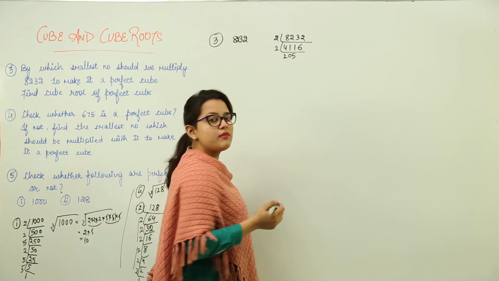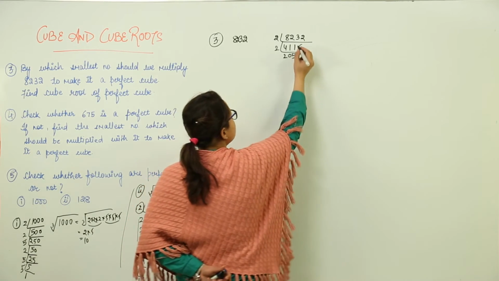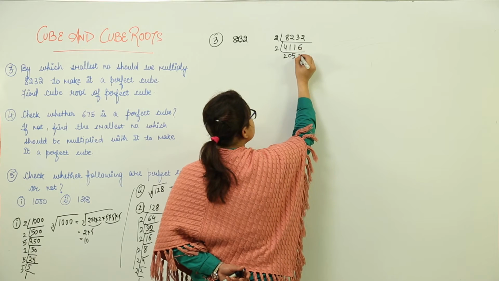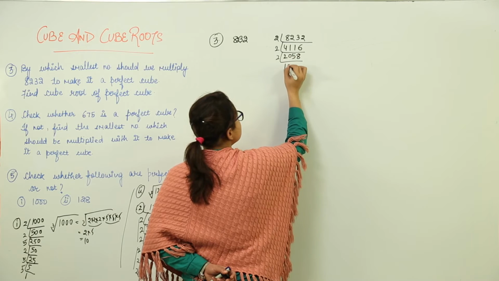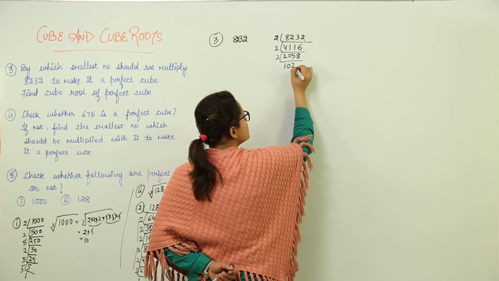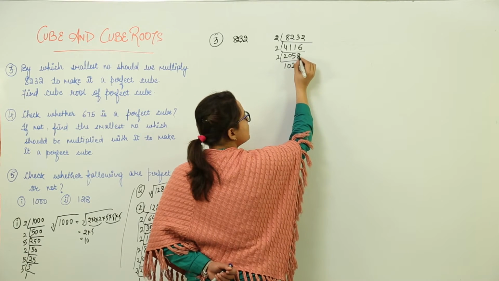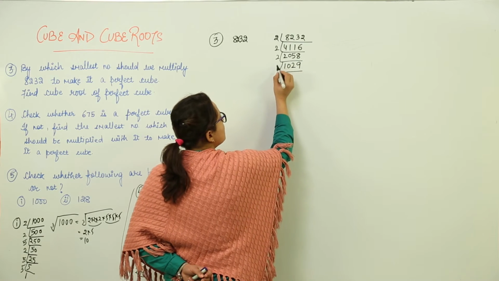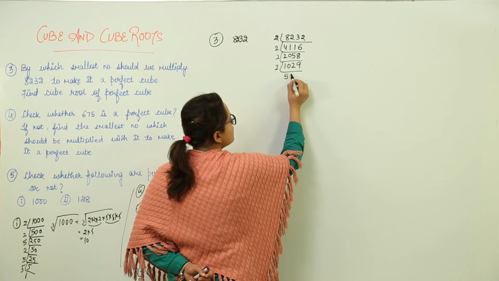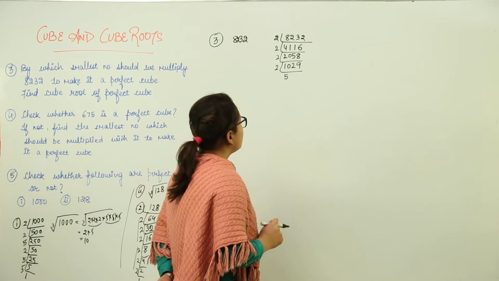What is the remainder? 11 minus 10, 1. You write 1 here, then 1 and 6 becomes 16. So we make 8. Again 2 1s are 2, 2 zeros are 0, 2 2s are 4, left with 1 remainder, 1 and 8, 18, 2 9s are 18. Now over here 2 5s are 10. Is it going with 2 anymore? No, it is not going.